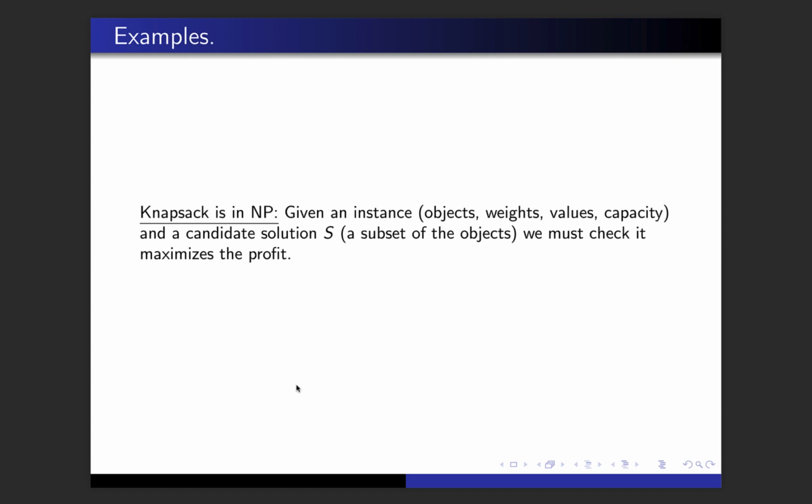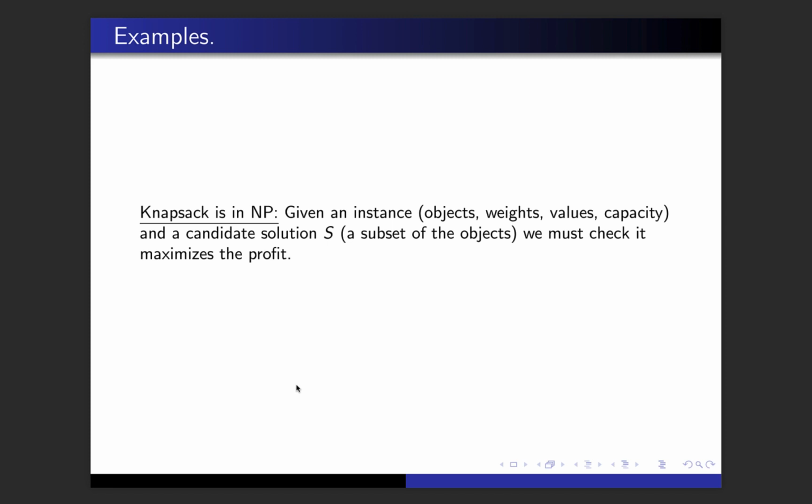We are maximizing the profit. So if I give you a set of objects, you can easily add the weights together and verify whether or not this sum is less than or equal to B. That gives you the checking of whether or not this is within the capacity constraints. But how do we verify that this is maximal? How do we verify the profit is maximal? I will let you think about that, and if necessary, we will talk about that in lecture.